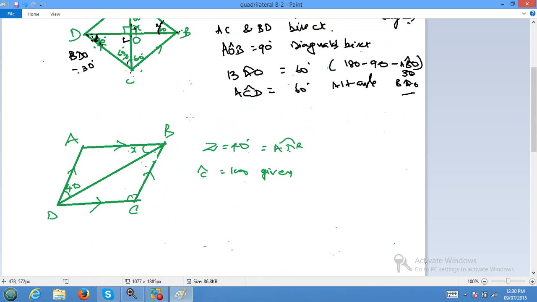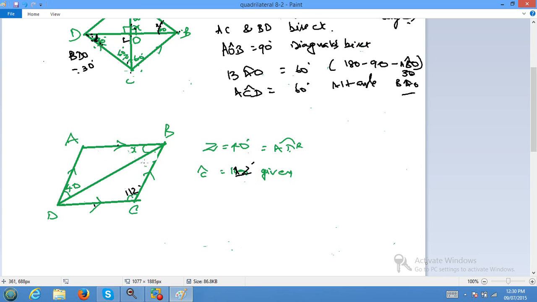So next problem. Now here ABCD is a parallelogram. Angle C is given. Angle C is equal to 112. So it is not 100, it is 112. So we have to find out the remaining angles. Now AB and DC are parallel, so one of the rules is the sum of two adjacent angles is equal to 180.